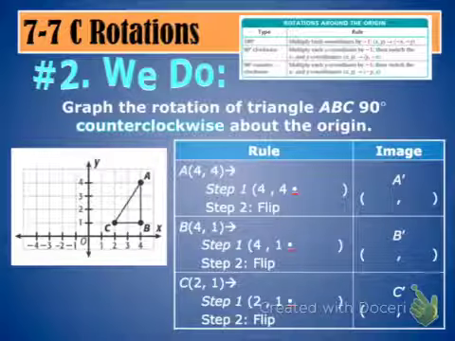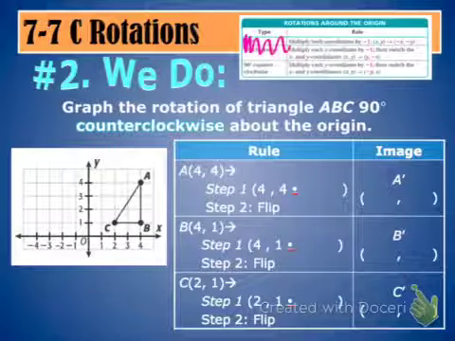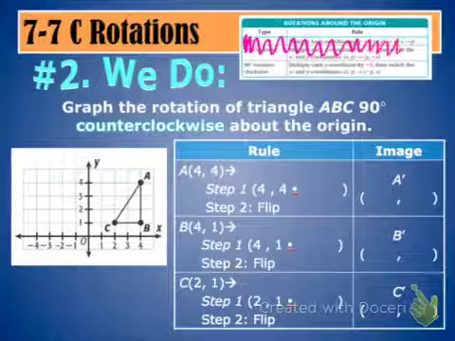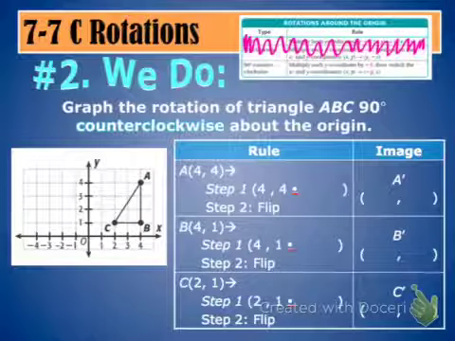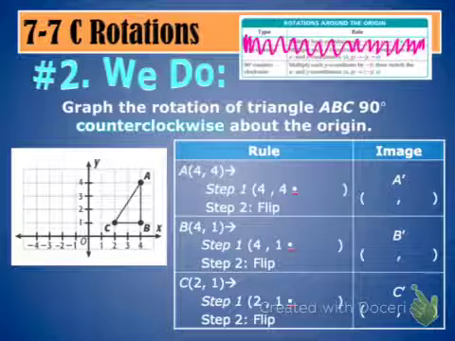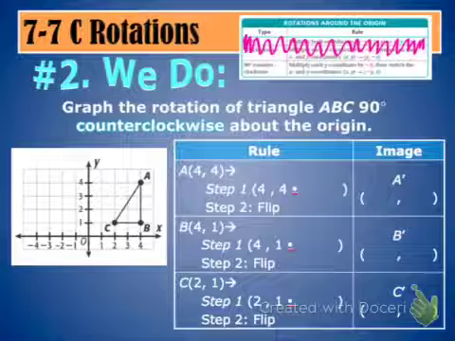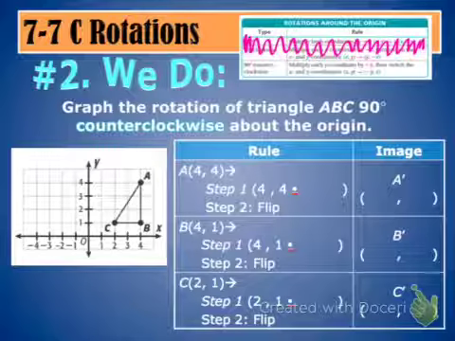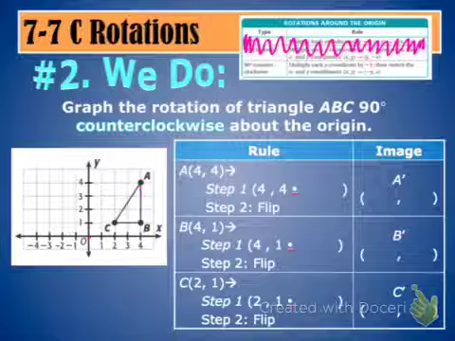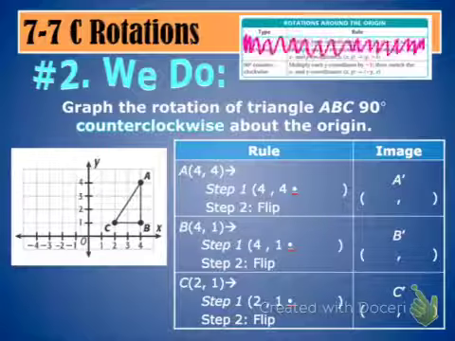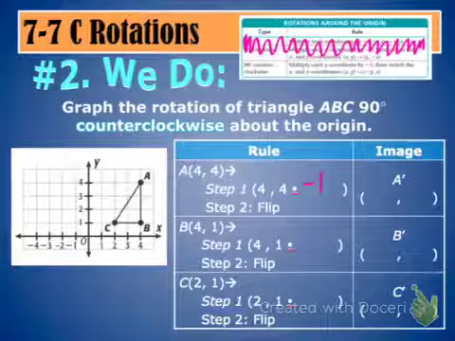And it's going to be the counterclockwise. So we really need to come over and I'm going to scratch these two out. Look at what our rule is. So a refresher of the rule, we're going to multiply each y coordinate by -1. Then we're going to flip-flop it to get our final location. So if point A was at 4, 4, both positive, we're going to multiply first our y times -1.